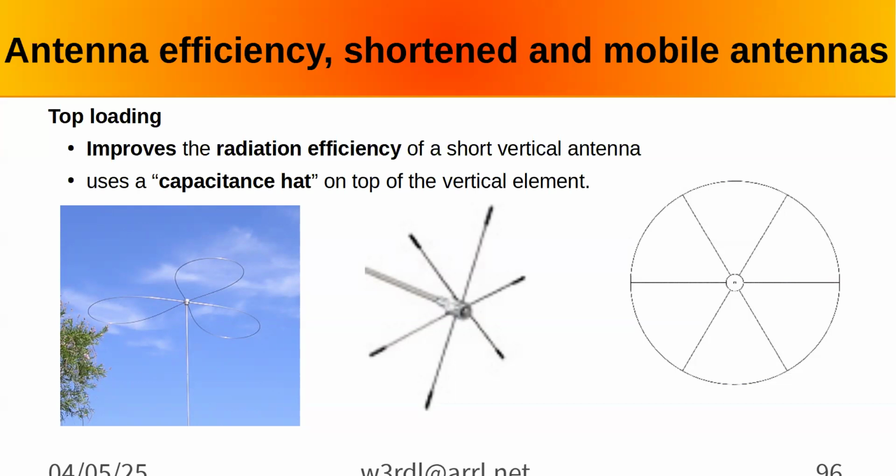But apparently they work. It's showing some typical ones where you've got 2 or 3 little loops up there. Sometimes you can have a kind of wheel, or sometimes just spokes. And they all add capacitance at the top of the antenna.